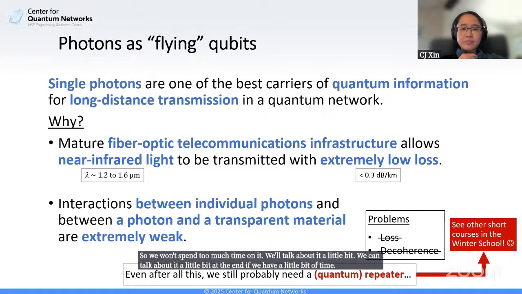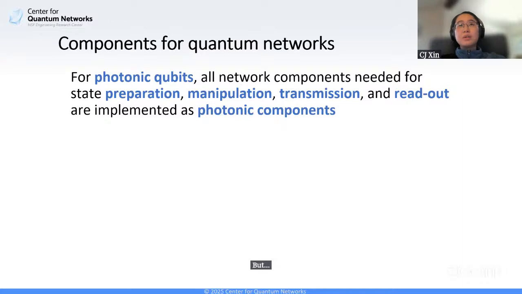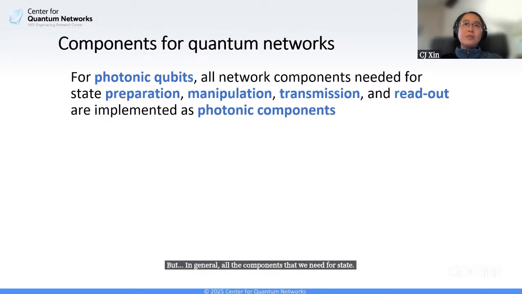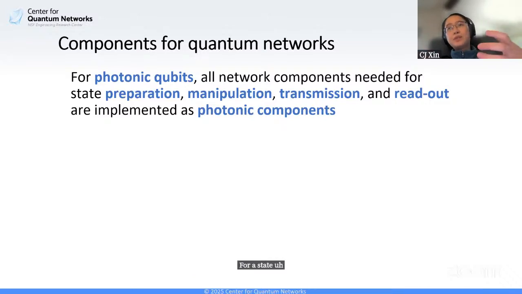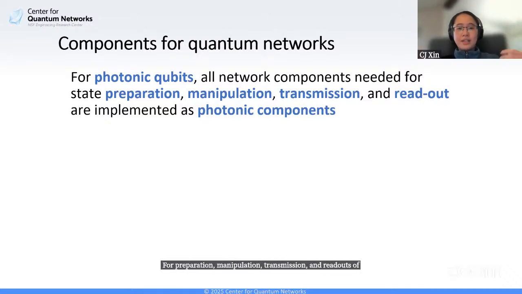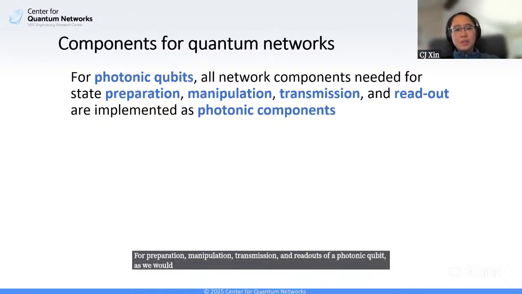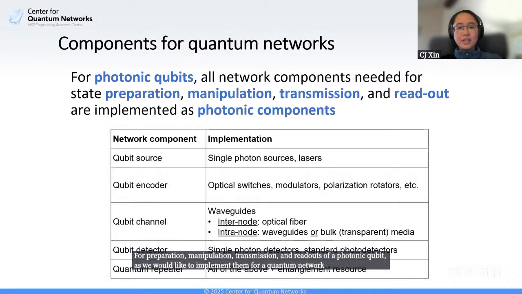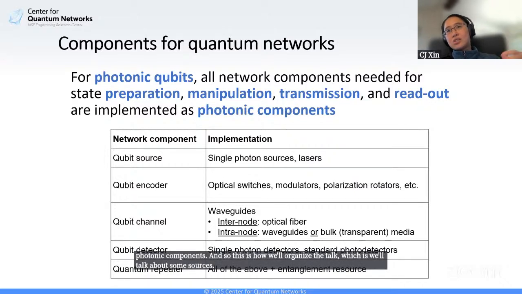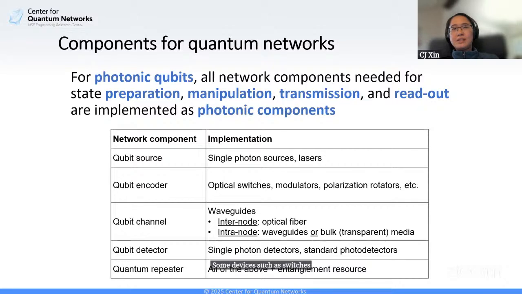But in general, all the components that we need for preparation, manipulation, transmission, and readout of a photonic qubit, as we would like to implement them for a quantum network, are implemented as photonic components. And so this is how we'll organize the talk: we'll talk about some sources, some devices such as switches, modulators, polarization rotators.